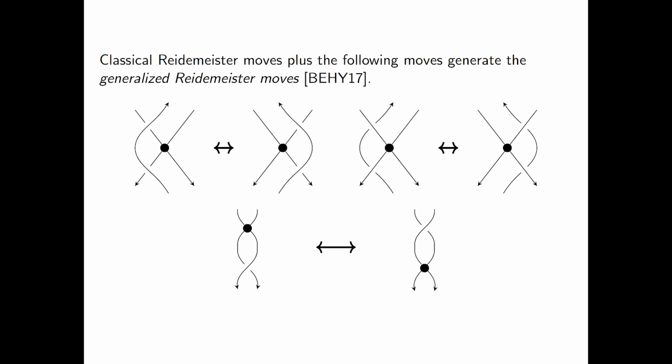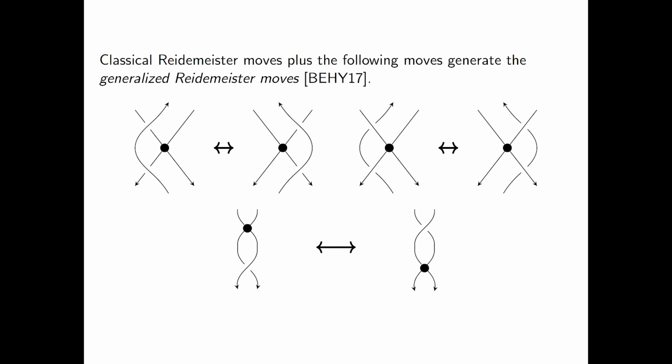Here we see that we have 2 type 3 moves that are similar to the classical case, but one of the crossings is replaced with a singular crossing. For the first one, the overstrand goes over this singular crossing. And in the second type 3 additional move, the understrand goes past the singular crossing.